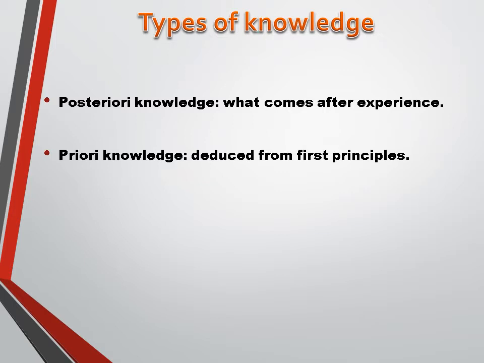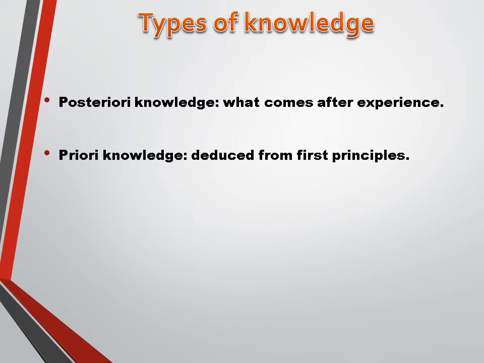Same way, there are different principles and different theorems in mathematics. When we know the theorem, we can directly deduce and solve the problem, no need to experience things as such. So principles are there, based on that we are deducing our own knowledge. That is the second type of knowledge, priori knowledge.